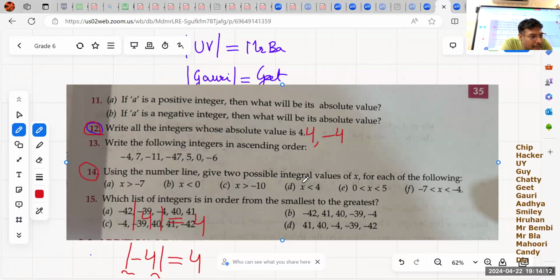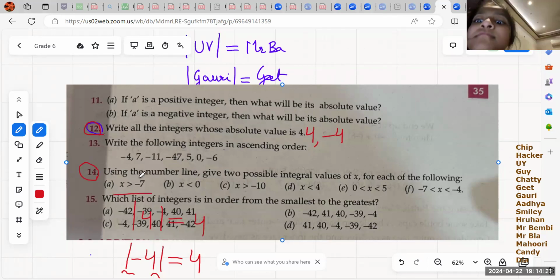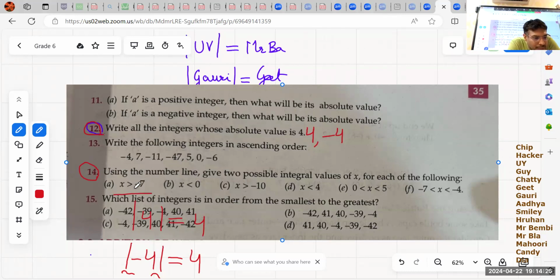Using the number line, give two possible integral values of x. So x greater than -7. Can you give me two integer values in which x is greater than -7? Vasavi, if you don't look at the screen, you will not understand.